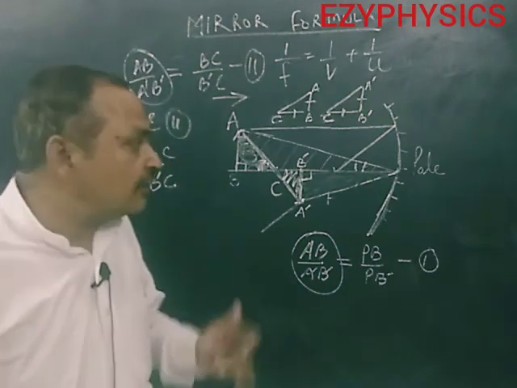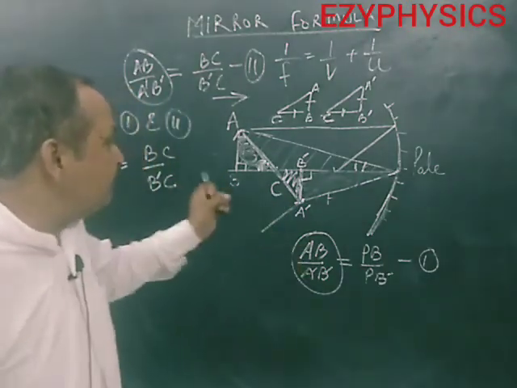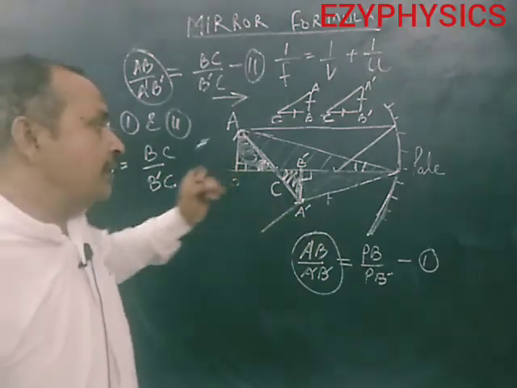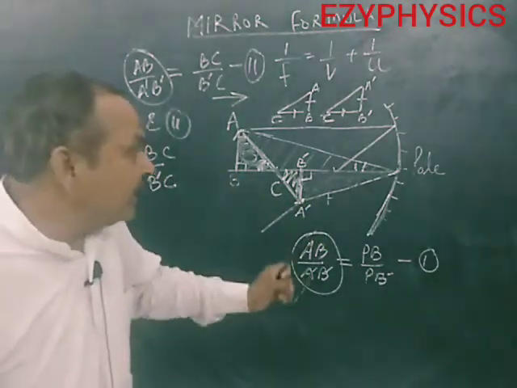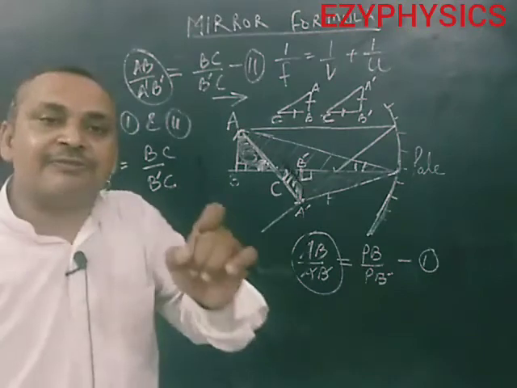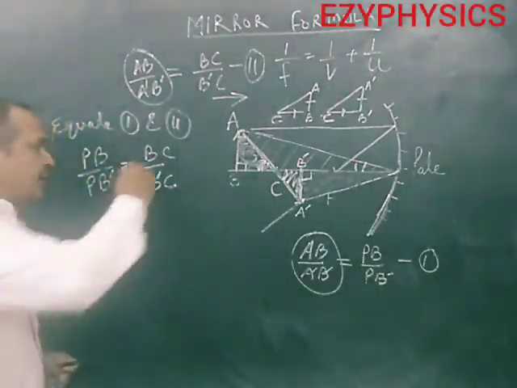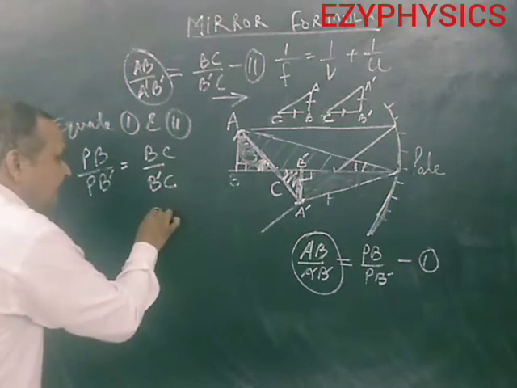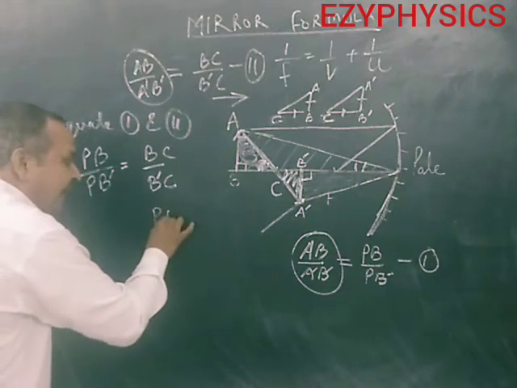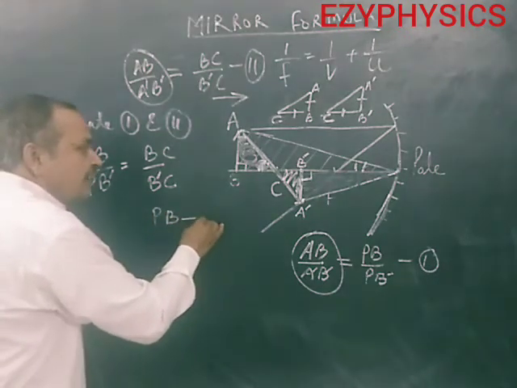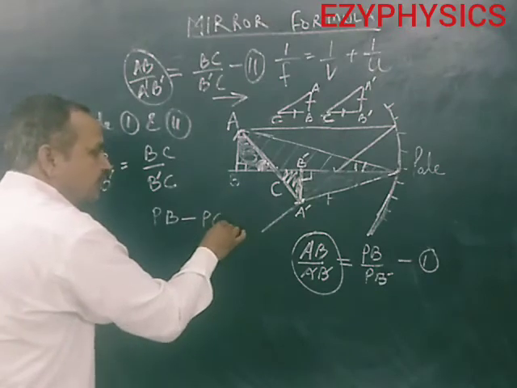Very good. That means I can write BC as PB minus PC. In place of BC, I can write PB minus PC.